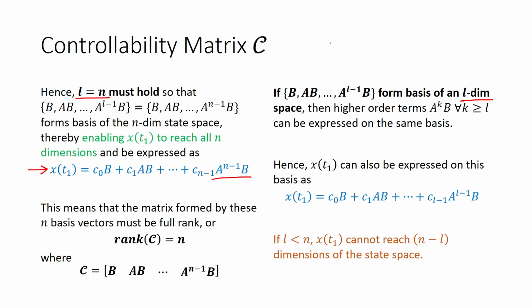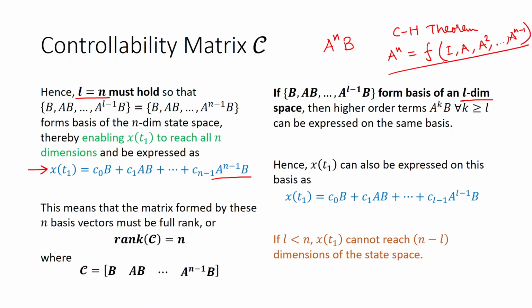You can ask, what about A^n B? So I urge you to look back into the Cayley-Hamilton theorem and understand for yourself that no matter what, A^n will always be a function of the lower order terms till A^(n-1).